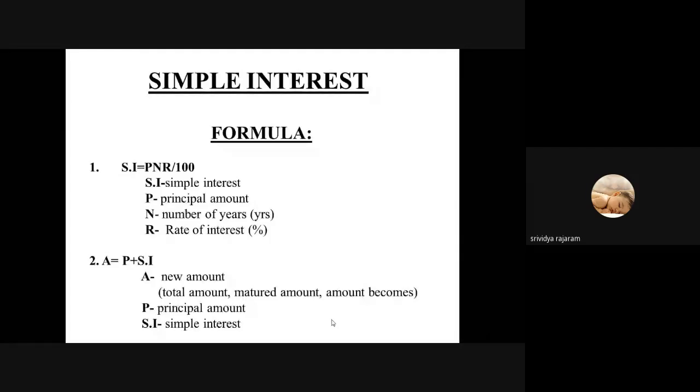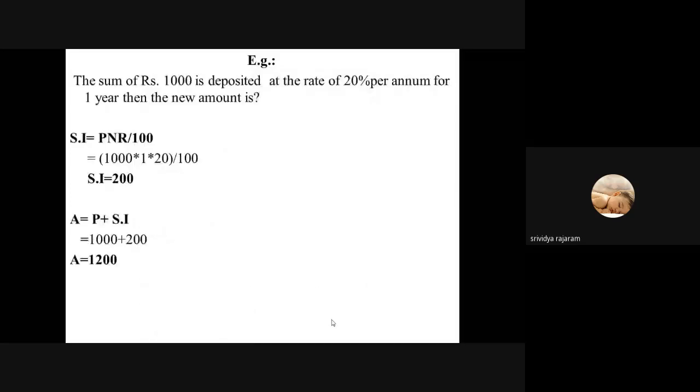Okay, let's get started. This is just a basic example, direct substitution of values in the formula. See, the sum of rupees 1,000 is deposited at the rate of 20% per annum for 1 year. Then the new amount is? So they are asking us to find the value of A, and N is given in the form of years.